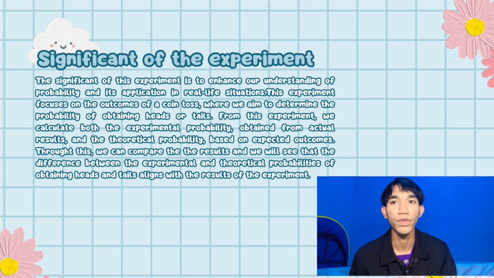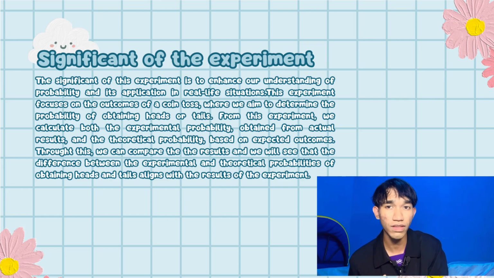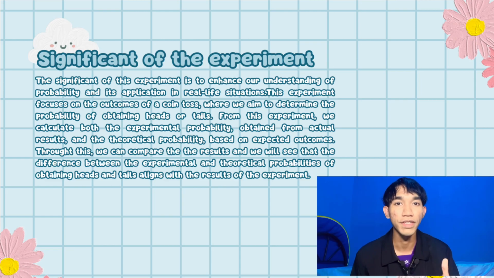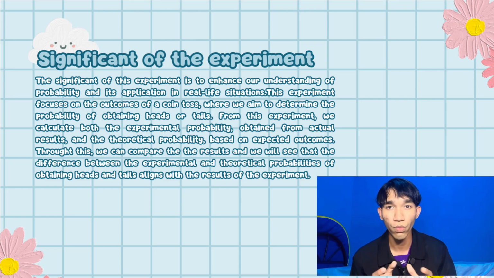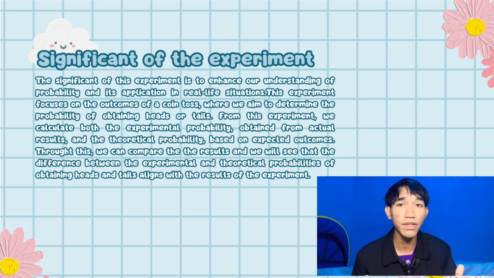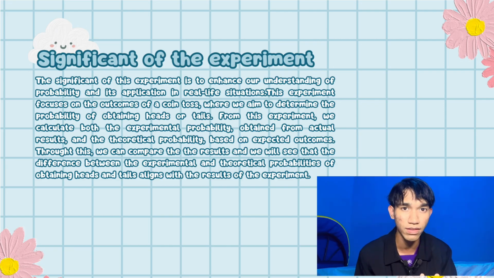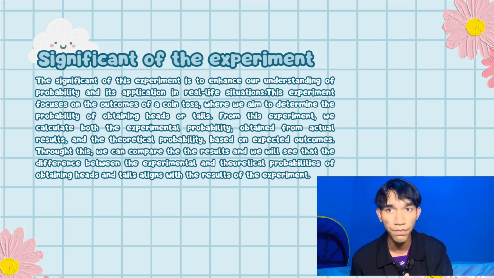From the experiment, we calculate the experimental probability obtained from the actual result and the theoretical probability based on the expected outcome. Through this, we can compare the results and see the difference between the experimental and theoretical probabilities of obtaining head and tail, alongside the result of the experiment.